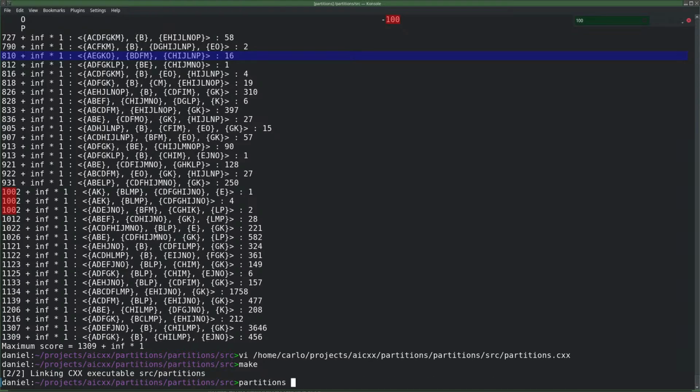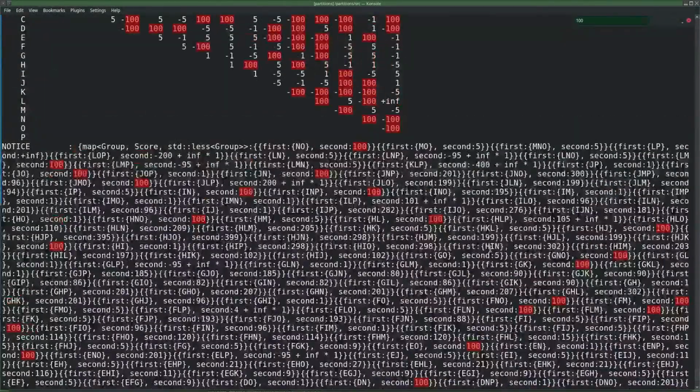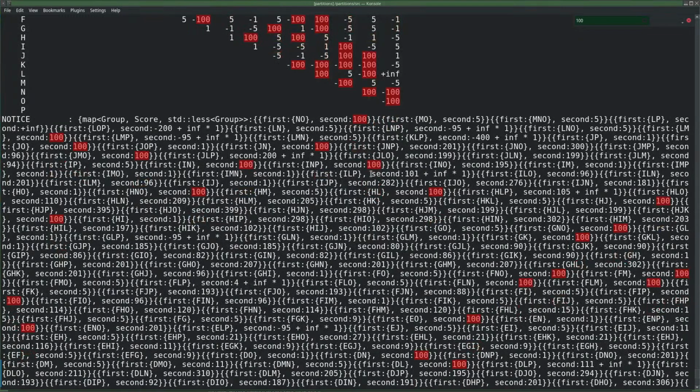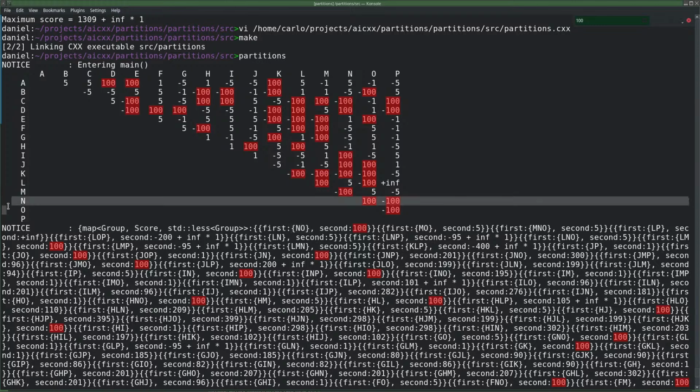Powerful, powerful. Well, that was our map. No, not readable. Let me see, how not readable is it? So it says the NO has a score of 100. You can see that here. NO is 100. Yep. MO is 5.